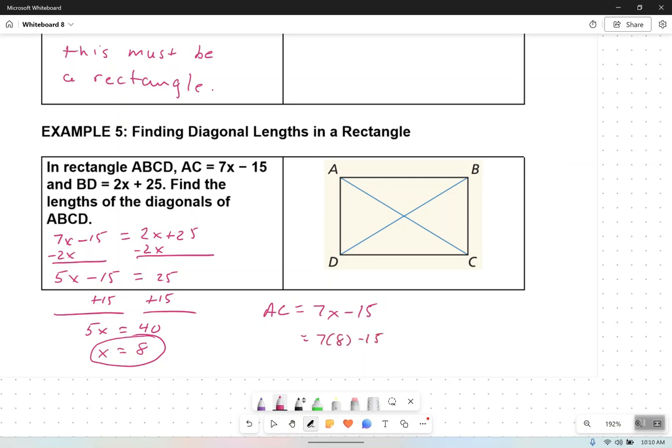Okay, so what is 7 times 8? So what's the diagonal length? What's the diagonal length there, kids? 41 is what you're going to get there.